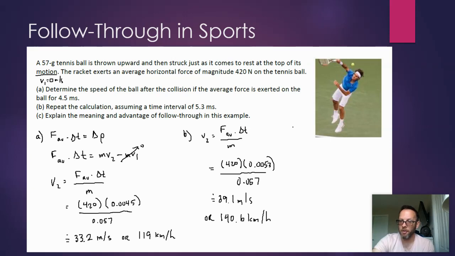Now, this concept can be applied to baseball, golf, all kinds of sports, hockey, taking a slap shot. So if you play a sport and you've heard your coach talk about follow through, this is why. We can think about it in terms of the momentum impulse theorem. That's a really cool application.